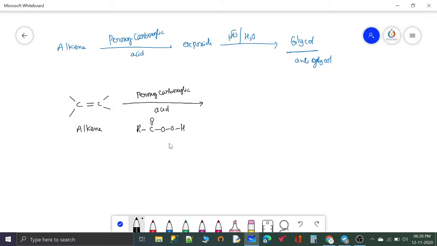I am not discussing the mechanism, just the procedure. Here you take one of these oxygens and put it over here, disconnect this bond, and connect that oxygen to both of these carbon atoms. That is named the epoxide. It is a 3-membered cyclic ether.